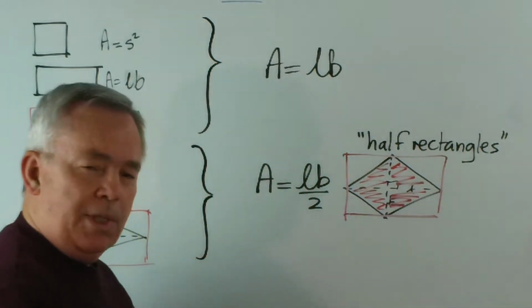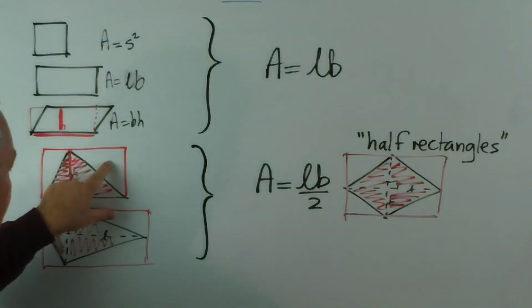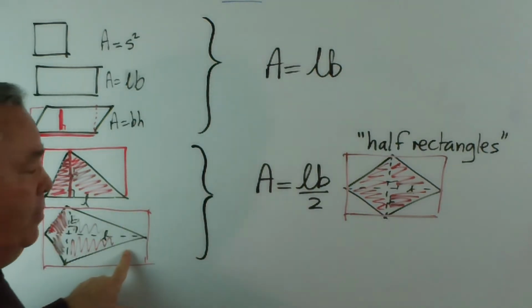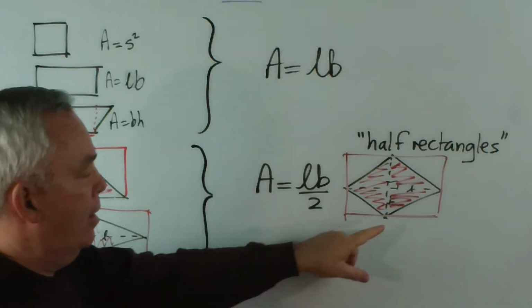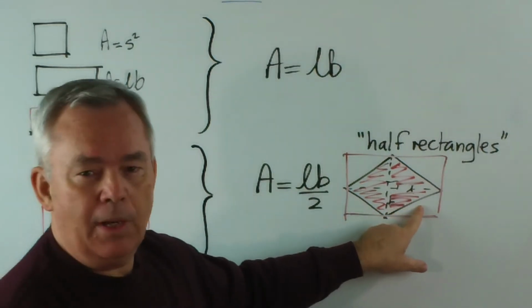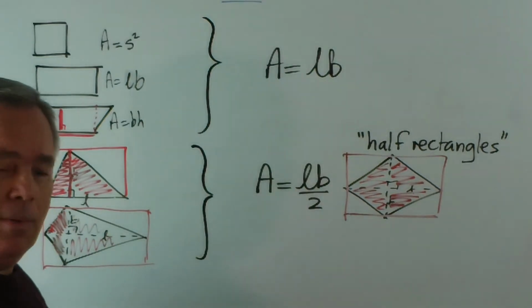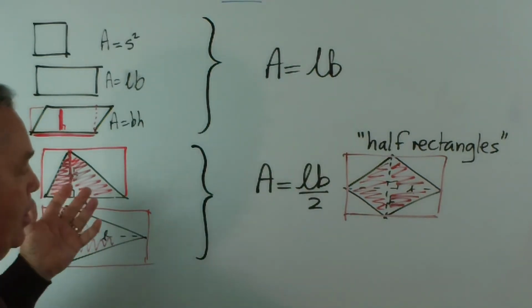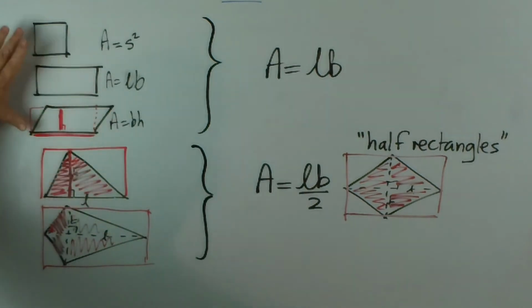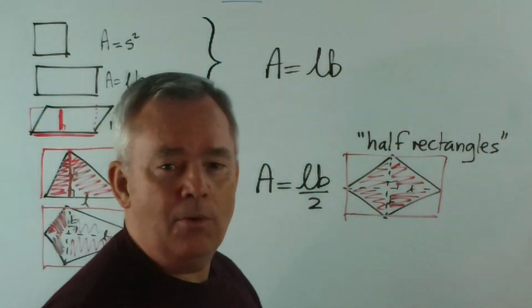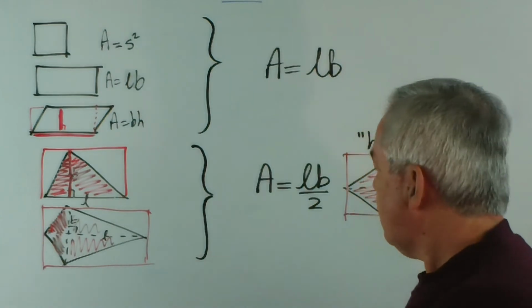I have seen school textbooks use half base times height, half x times y, or half a times b, and also half x times y or half a times b. And students get very confused about the variety. The essential simplicity of it is that these three are already rectangles or can be made into rectangles, and these three are half rectangles.